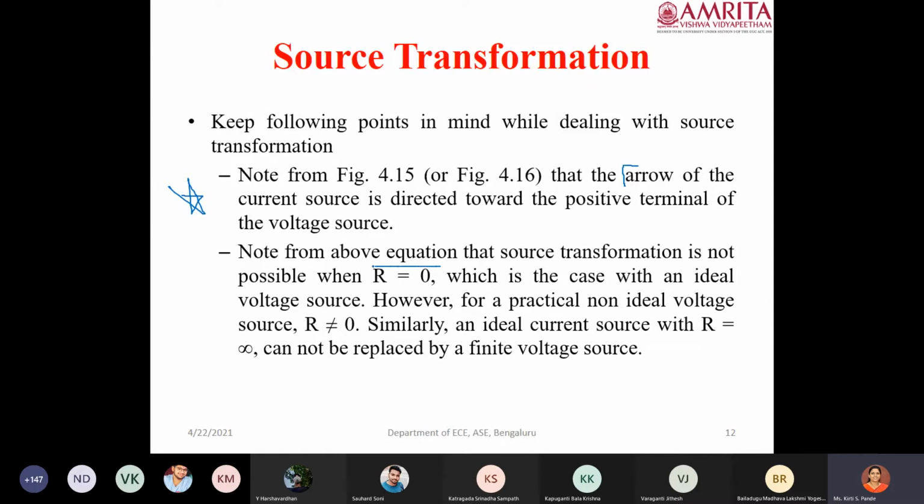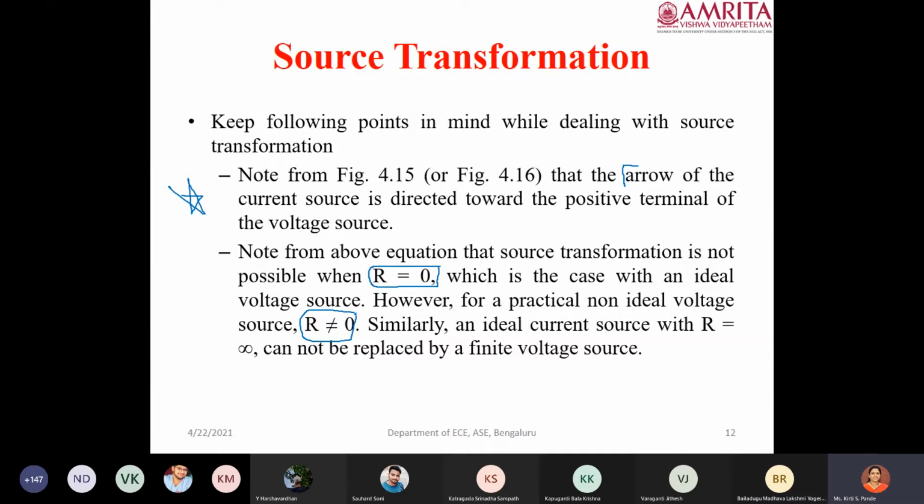If R is equal to 0, we normally consider it as an ideal voltage source. Ideal voltage source will not have any resistance. But we are all working with a practical scenario where R won't be equal to 0. So since we are dealing with the practical scenario, resistance will not be equal to 0, so we are able to apply source transformation.